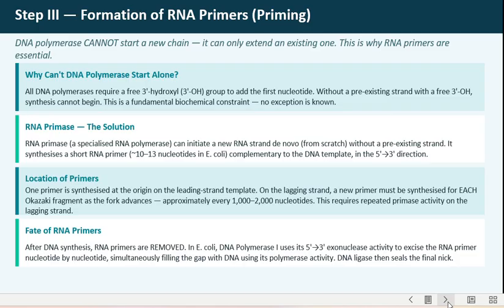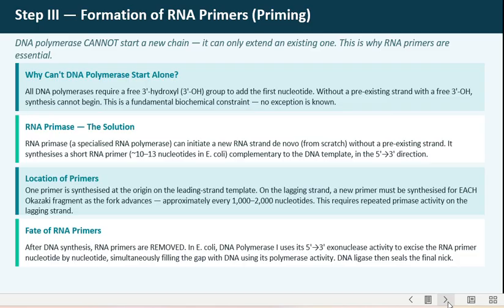Now, the number of primers is dependent on the template being used. So when we look at the number of primers, remember I mentioned that we have a leading strand and the lagging strand. So when you talk about the leading strand, only one primer at the origin is needed. So once the origin is identified, there's unwinding, then only one primer is added because it's leading, it will be continuous.